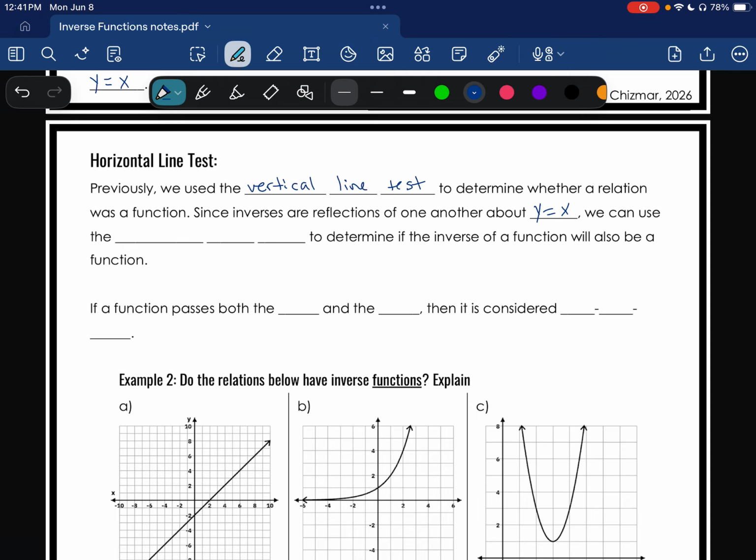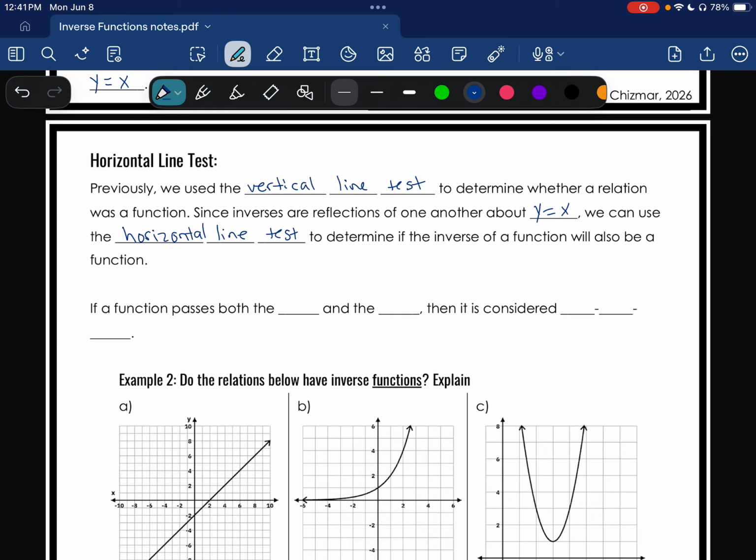So if you have a function and it passes both the vertical line test and the horizontal line test, VLT and HLT, then this function is considered one to one. That means each input goes to one output and each output goes to exactly one input. So we're going to look at this example here and think about this horizontal line test.